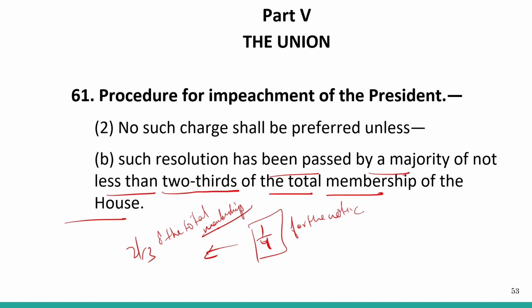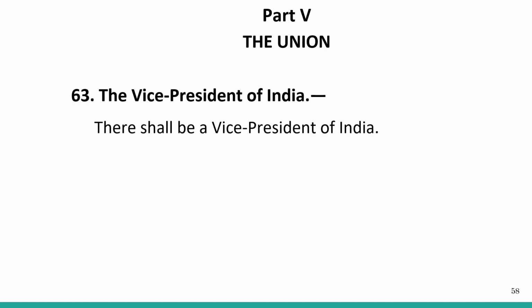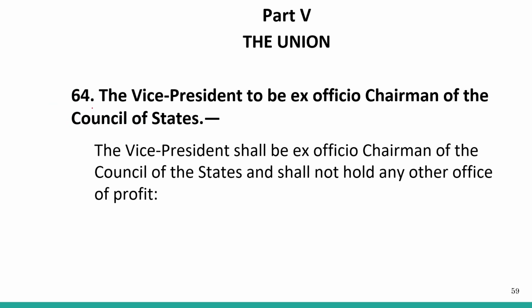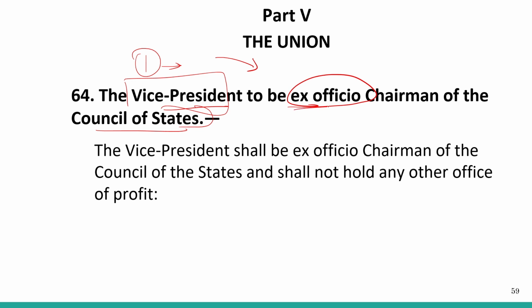Now, vice president, all you need to remember is that there will be a vice president of India, under Article 63. And the vice president of India will also be an ex officio chairman of the Council of State. It means that the vice president is holding two posts, one of vice president itself and the second being ex officio chairman. What is ex officio?